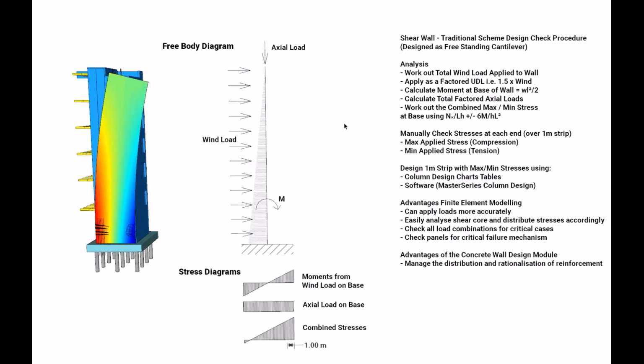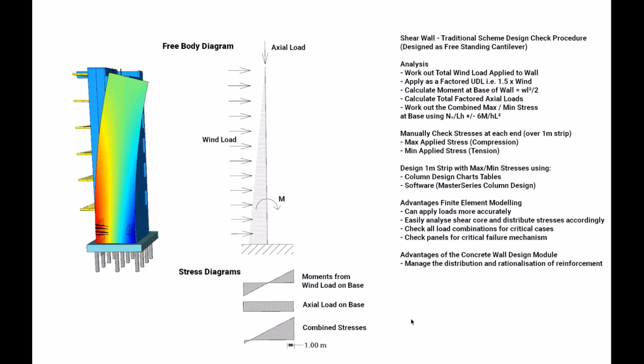We can then work out our maximum and minimum applied combined stresses on the base by using this equation, which is taking our axial force over the area, plus or minus our moments over the section modulus as well. The reinforcement can then be determined using a column design methodology, where minor axis bending as well as axial stresses just worked out from the global major axis bending and axial forces is applied.